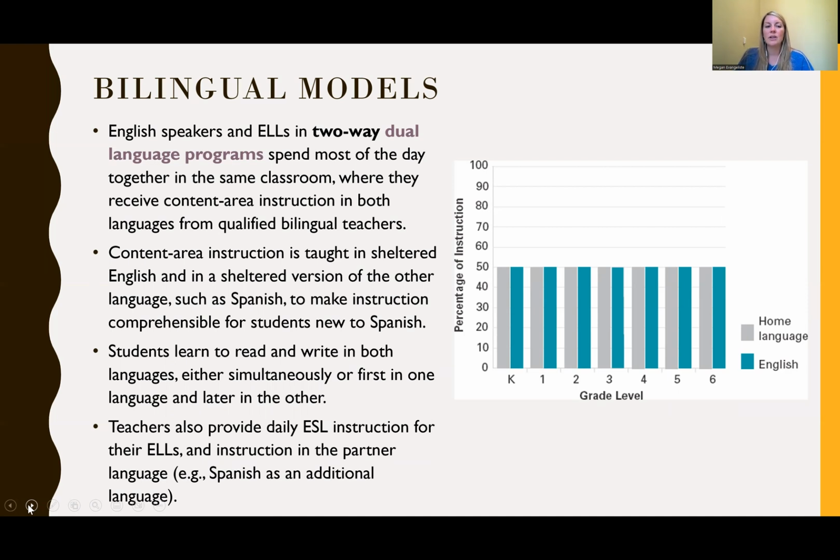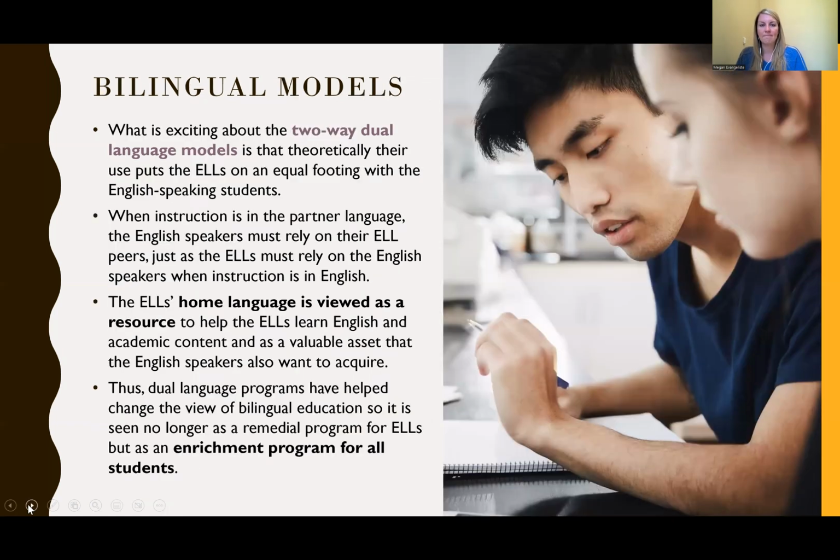Content area instruction is taught in sheltered English and in a sheltered version of another language, such as Spanish, to make instruction comprehensible for students new to Spanish. Students learn to read and write in both languages, either simultaneously or first in one language, then the other. Teachers are provided daily ESL instruction for their English learners and instruction in the partner language, such as Spanish.